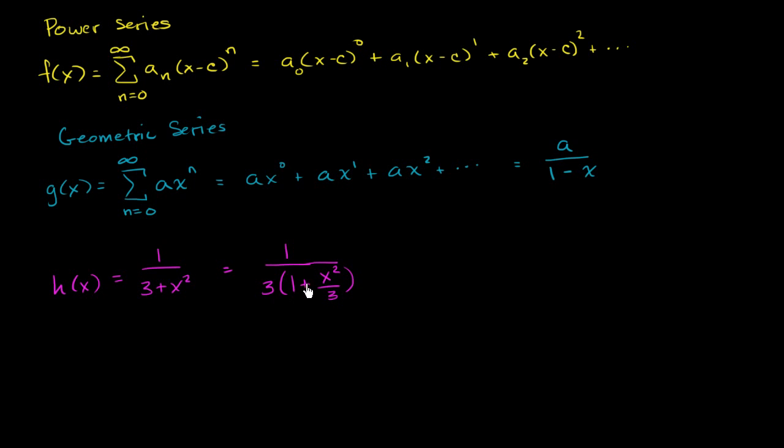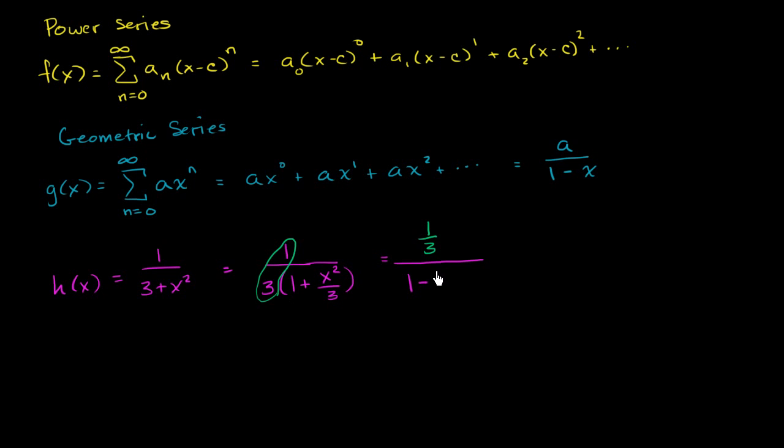So if I were to redistribute, you would get this again. Now I could rewrite this. Instead of 1 over 3, I could write this part right over here as 1/3 over 1, and I want to subtract this thing instead.